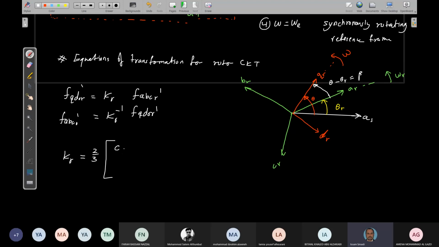So this will be cosine beta 1, cosine beta 2, sine beta 1, sine beta 2, 1 over 2, 1 over 2, 1 over 2.